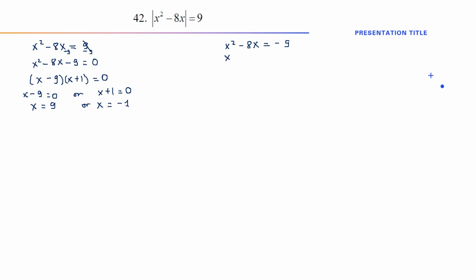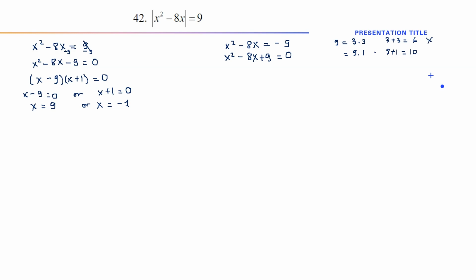On another side, we have x squared minus 8x plus 9 equals 0. But let's see, for the 9, we only have 3 times 3 or 9 times 1. And they have to add up to negative 8. So if they are positive, 9 add 1 is 10, and 3 add 3 is 6.